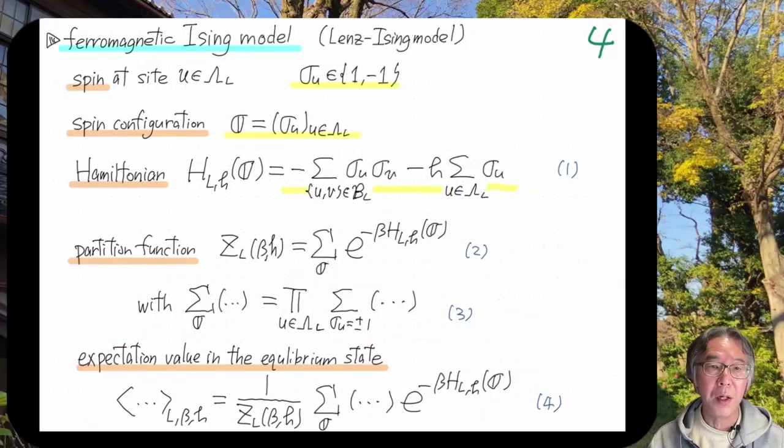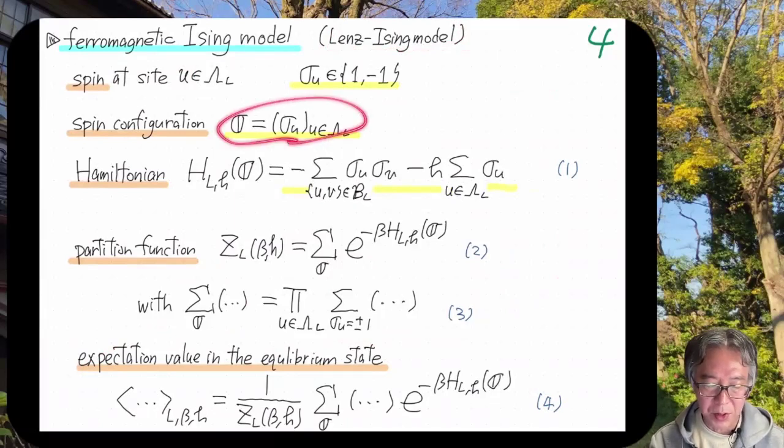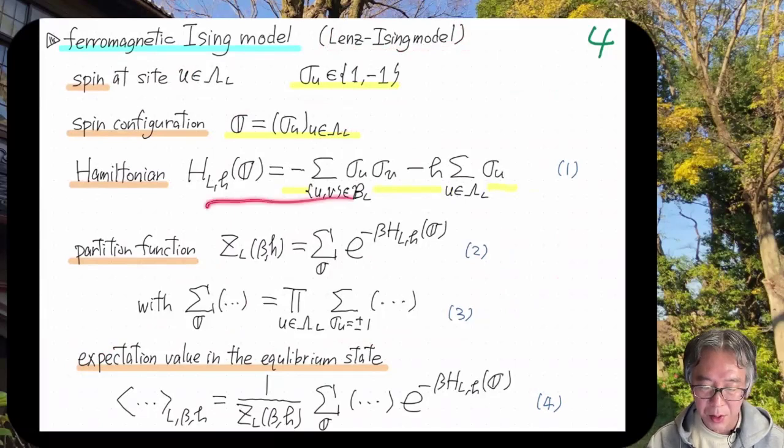And then we have the well-known Ising model. It's also called the Lenz model. Probably we should call this the Lenz-Ising model. And now in this case, spin is no longer, well, you can regard this as a vector, but anyway, it only takes 2 values, 1 and minus 1. Okay, and this spin configuration is simply the collection of all these plus minus 1s, and this is the Hamiltonian.